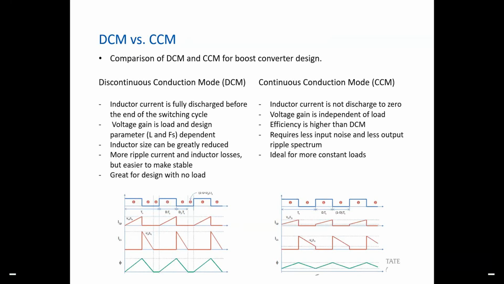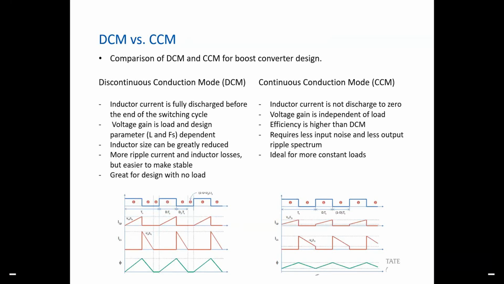This does cause much larger ripple currents as well as much larger voltage swings at the output. So that might be a con for any devices on the output side which may be voltage dependent. But the pros are that it is easier to make stable, as well as you can use smaller component sizes, and it is great for designs without load because we do have such wide switches at the voltage.